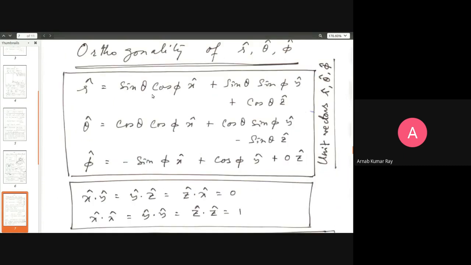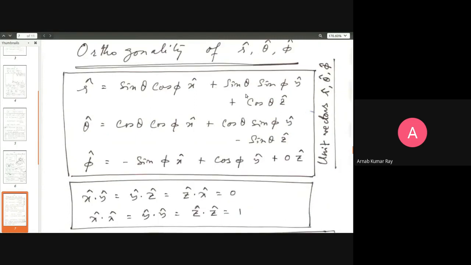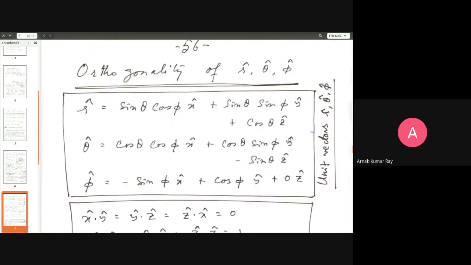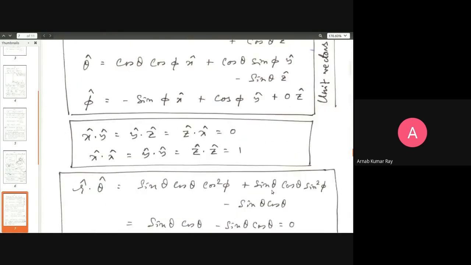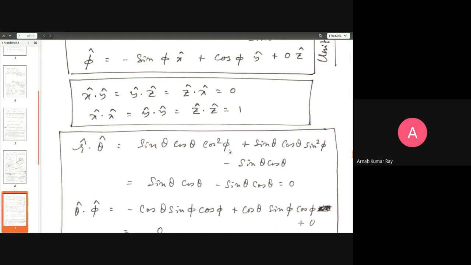And so what are they? They are sine theta cos theta cos squared phi, sine theta cos theta sine squared phi, minus sine theta cos theta. That is what you have. So sine theta cos theta into cos squared phi plus sine squared phi. So cos squared phi plus sine squared phi will be 1, and you'll just have sine theta cos theta from the first two terms, and then minus sine theta cos theta. So they will cancel, and you'll get 0. Okay.